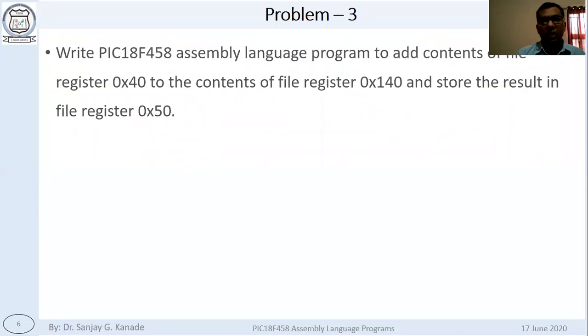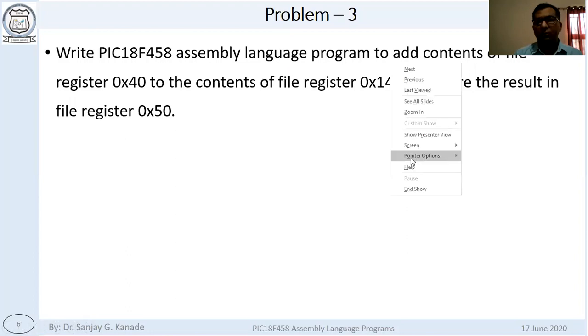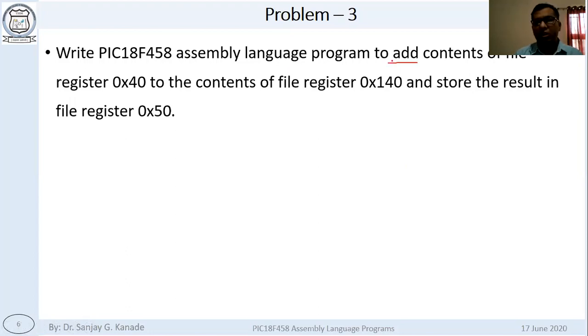Now we will see a problem 3 where the registers are not part of a single bank, or in fact you can see the problem statement is quite similar to the first two. Again, it is going to involve the addition of contents of file registers. There are two file registers which hold some data, and we are going to add the contents of those two file registers and store the result in a third file register.